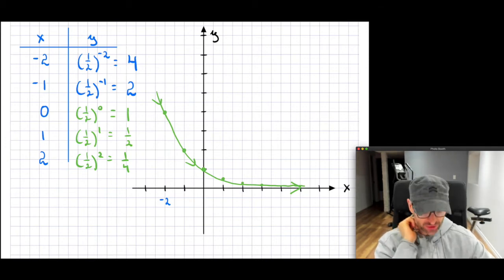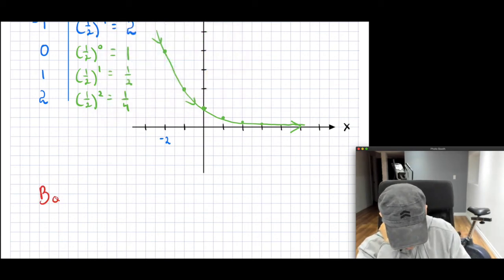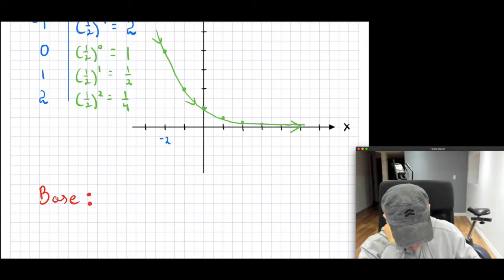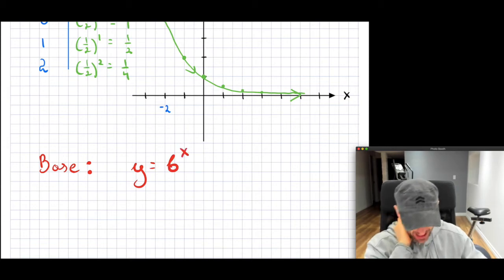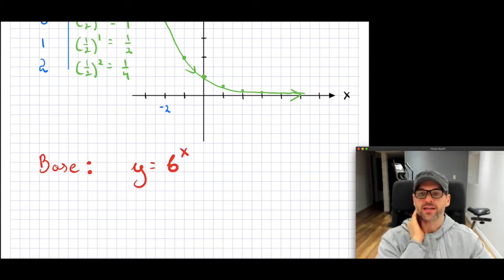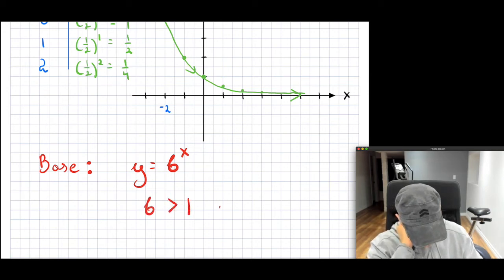So it turns out that if we have y is equal to some base b with the input x, it actually is important to know what b is. And for the first case, where we had b which was greater than 1, then this explodes.